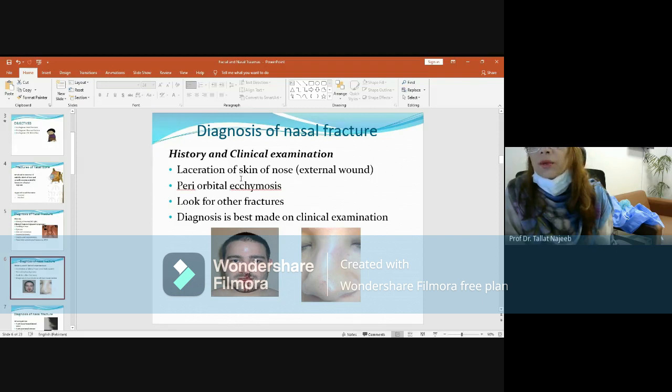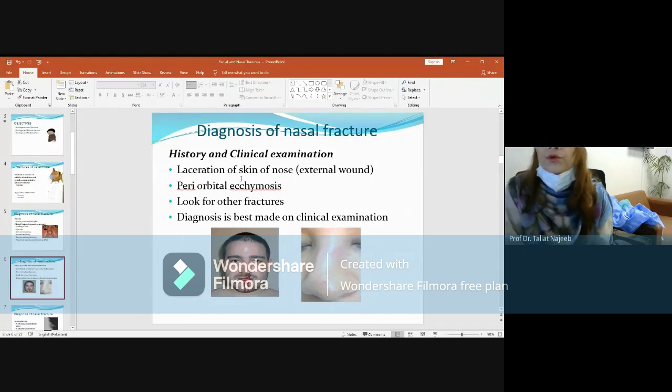You will examine the temporomandibular joint. You will ask the patient to open his mouth. Then you will examine the mandible. You will palpate all these bones. There might be some other fracture associated with this trauma. So rule out all other fractures.